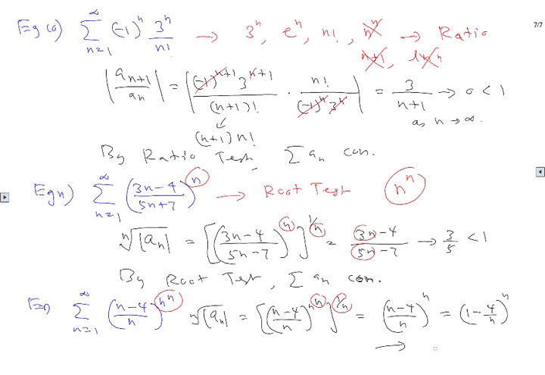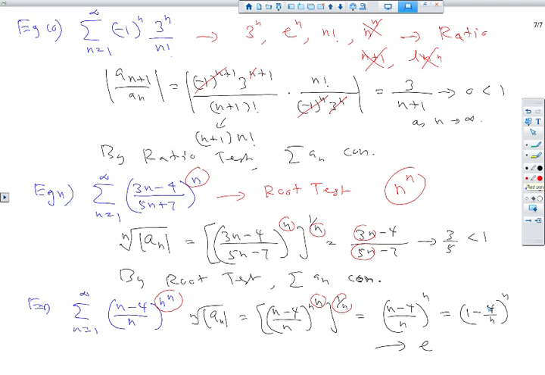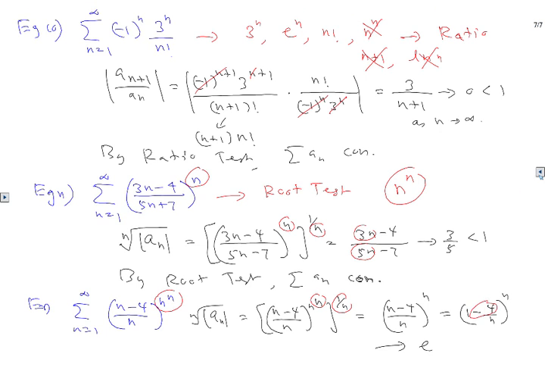When n goes to infinity, this goes to e to the negative 4, which is 1 over e to the 4, which is less than 1. So the series converges by the root test. If you need more details, you can find them in the other reviews or the detailed lecture notes. Okay, thank you so much.